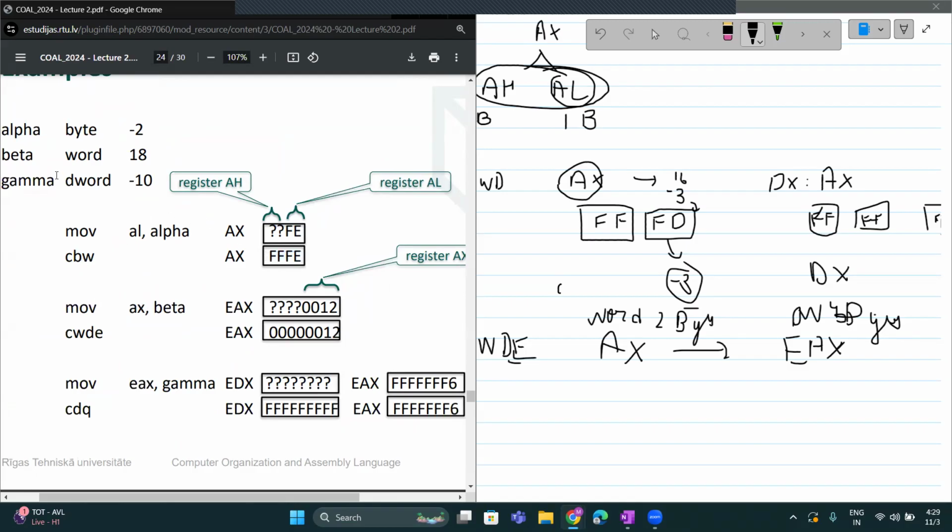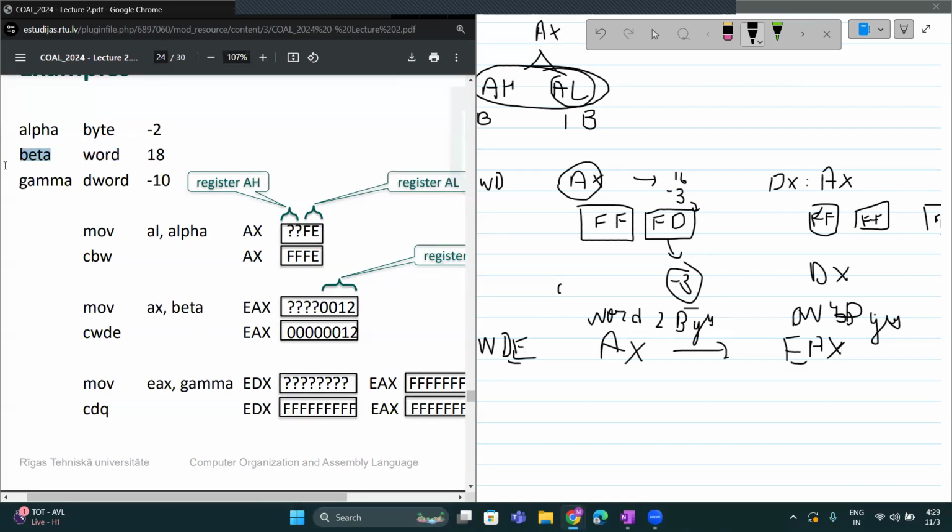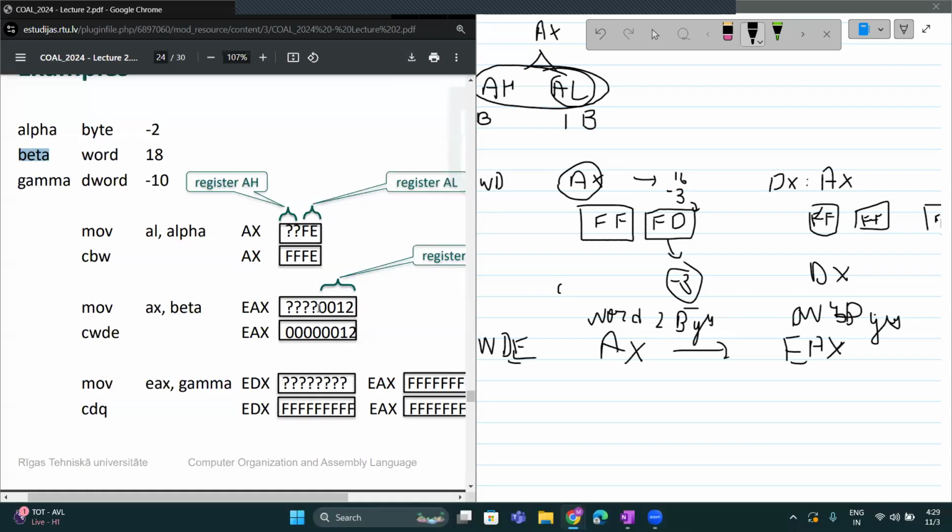Similarly, if we move this word data 18, in hexadecimal it will be 0012, into AX. We can only move it into AX because it's a word, which has 2 bytes. This instruction converts word into double word. It extends the sign, which is 0, like this.